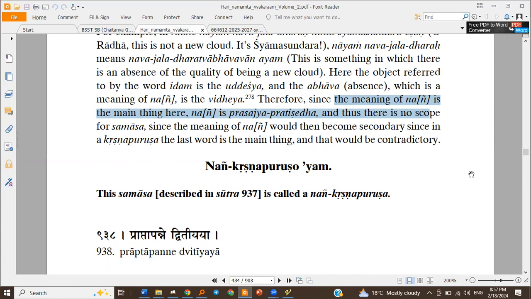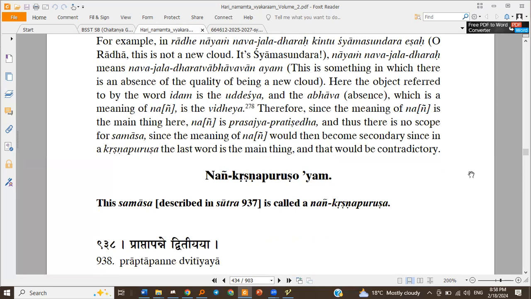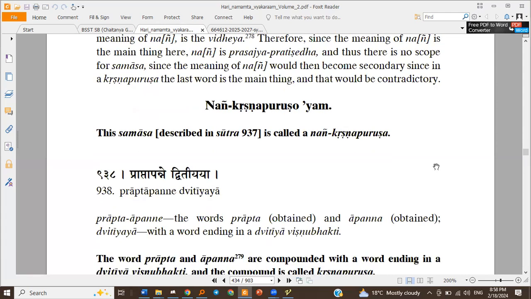That's why it's kept separate and connected to the kriya directly. This samasa is called Nai Krishna Purusha Samasa, or in general, Nai Samasa.